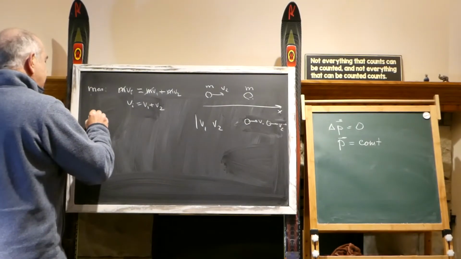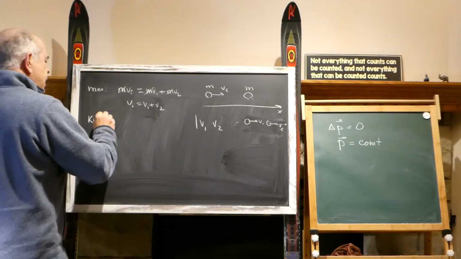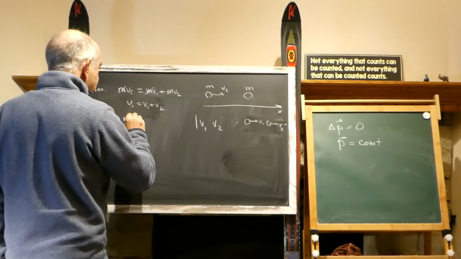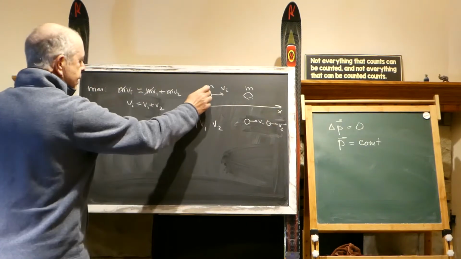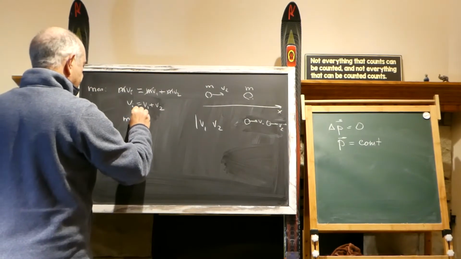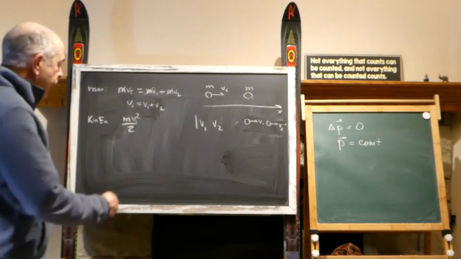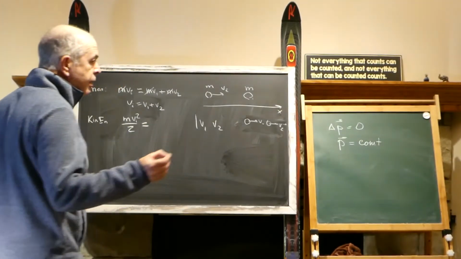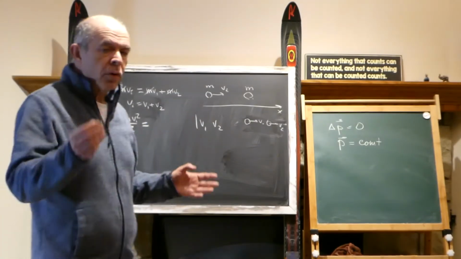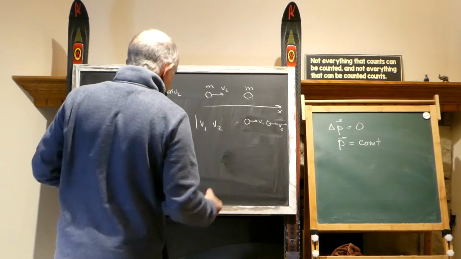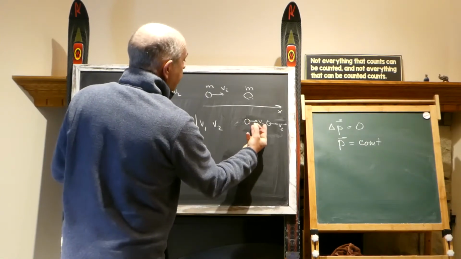So this is only kinetic energy, and the kinetic energy in the beginning is m v initial squared over 2, and this is all. There is no loss of energy, so it's only transformed from one form to another, and in this case it is transferred between two bodies.